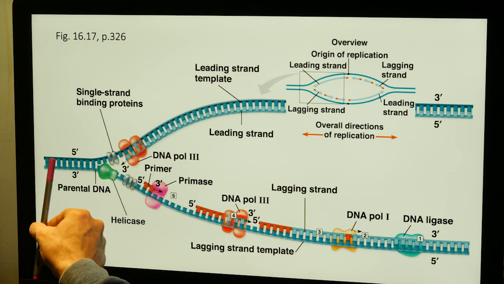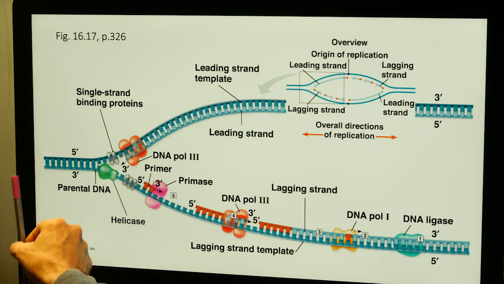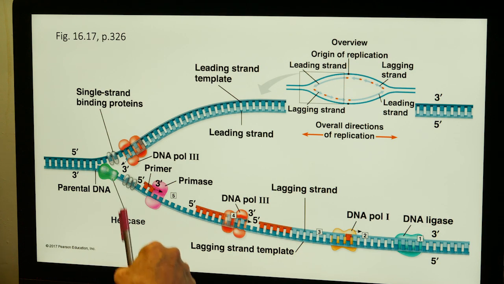As I mentioned, there actually would be another enzyme out here that I didn't talk about called topoisomerase, but here's helicase, and this is unwinding the helix. It's very important. Here's DNA poly 3.